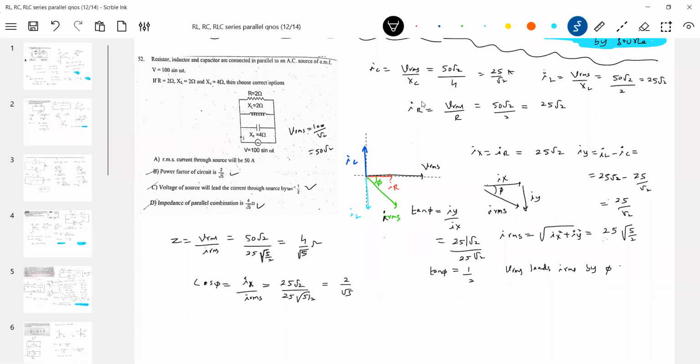IC and IL will be 180 degrees apart, and what about IR compared to 90 degrees? So drawing the impedance triangle is not simple. If you want to do it, you should go for phasor algebra, or better, complex numbers. Addition, multiplication, subtraction and division of numbers having both magnitude and direction we do using complex numbers. That mathematics you have to bring in. That is called phasor algebra. That'll be lengthier, so instead I just took the traditional way of solving the problem. If you are very good at working with complex numbers, yes, you can manage.